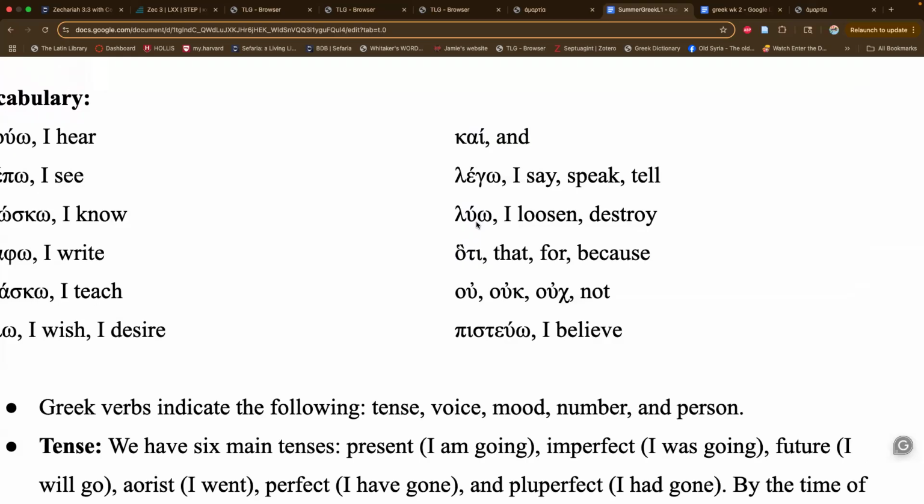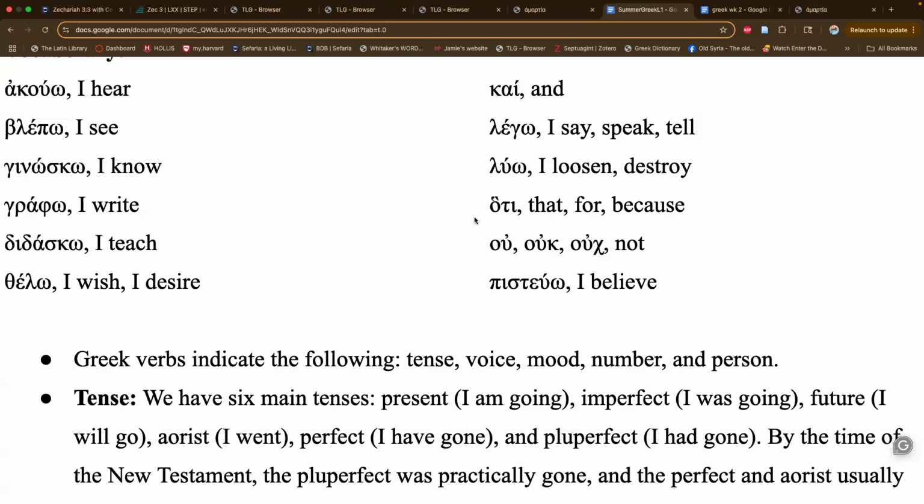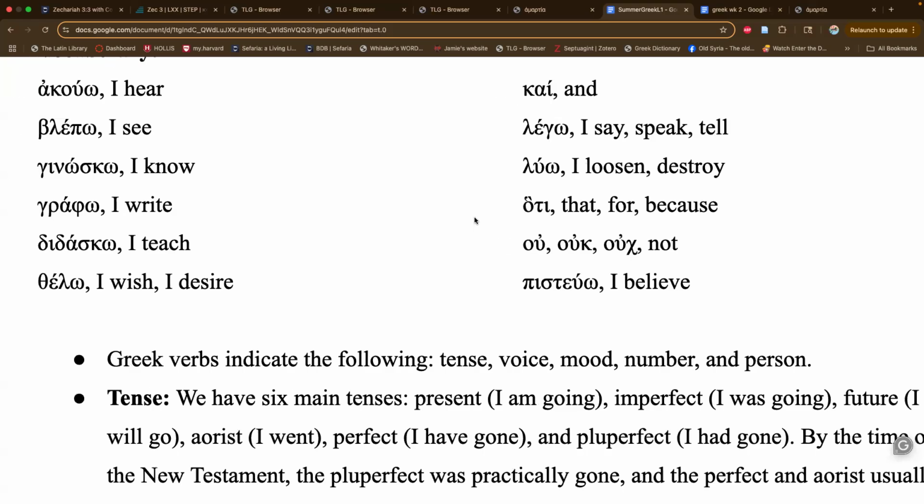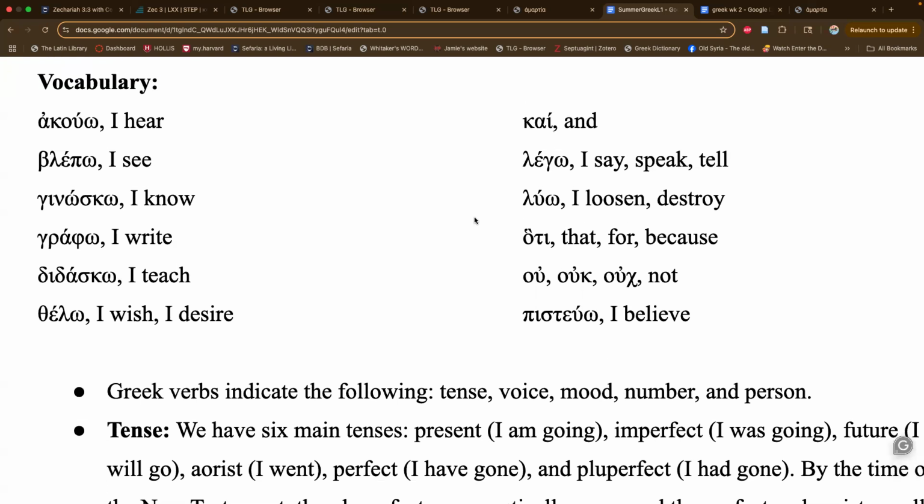Then the next one has three different forms. Ou, ouk, or ouch. There are reasons why each one is used. So, for example, ou will be used if the word after that starts with a consonant. So you would have thelo with it, "I do not wish." Or if the next word begins with a vowel with a soft breathing, it would be ouk, like ouk agape.